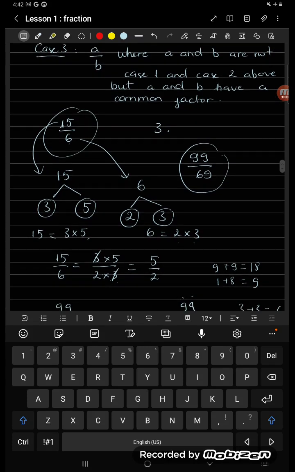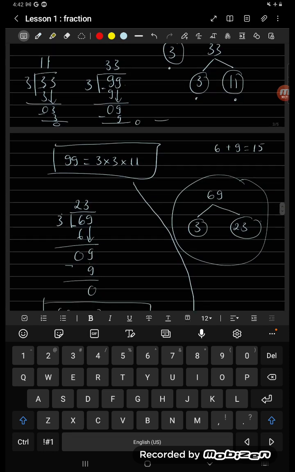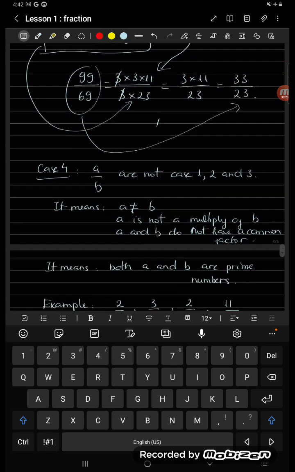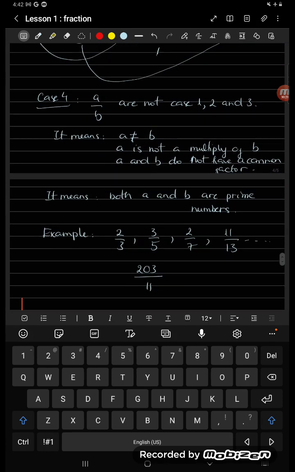And case 3 and case 4, you can generalize it as a cannot divide by b. Okay, but we break it into two cases. Case 3, a and b have a common factor, and case 4, a and b do not have a common factor.